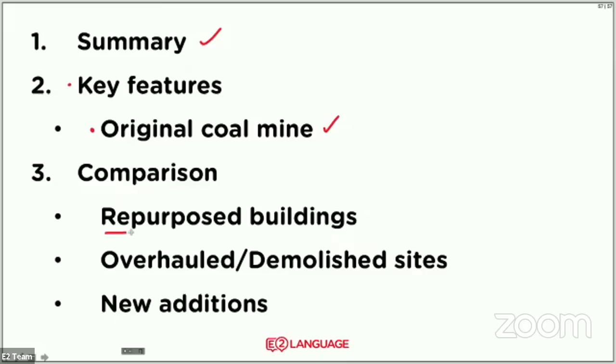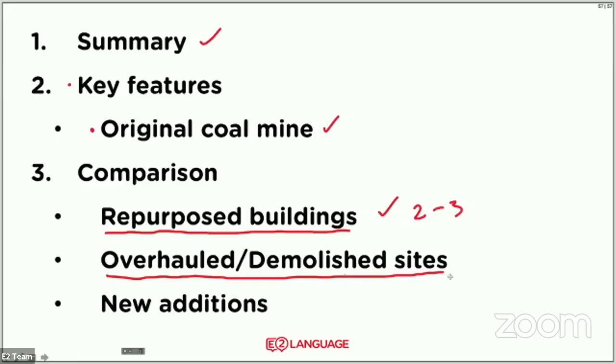One was repurposed buildings. In other words, buildings that were something like the staff change rooms that became something else. So I wrote a short paragraph, like 2 to 3 sentences on this. Then I noticed that some things were completely overhauled or demolished. I think I wrote 2 to 3 sentences on this.